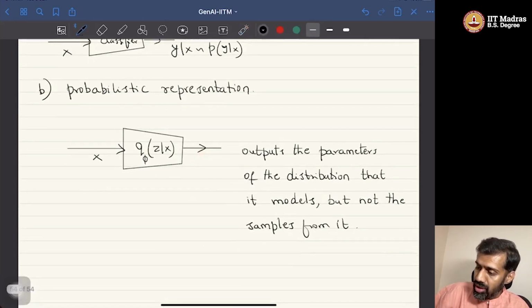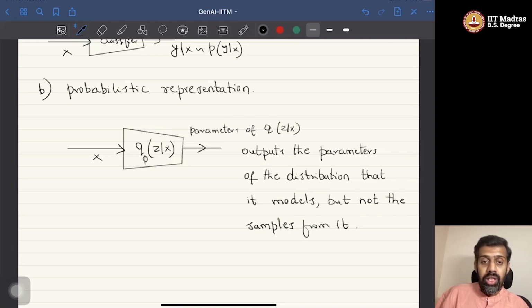So this will output the parameters of q of z given x. This is the probabilistic way of doing it. An example of this is if my z given x, let's say, is a Gaussian distribution, then this neural network will take an x and will output the mean and the variance of this particular distribution.